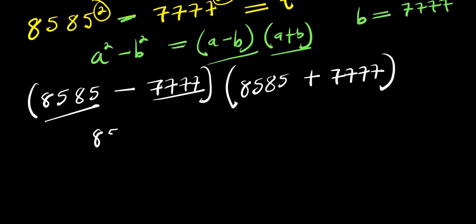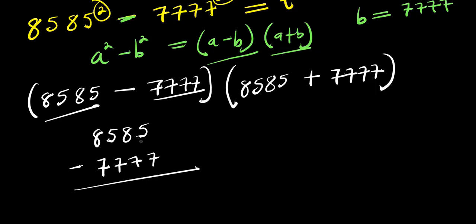So we have 85 minus 77. 5 minus 7, so we take 1 from here and add here becomes 15. 15 minus 7, then we are going to have 8. We are left with 7 here. 7 minus 7, that is 0. So this is what we have gotten right here.